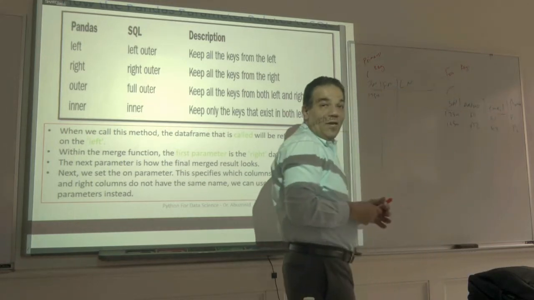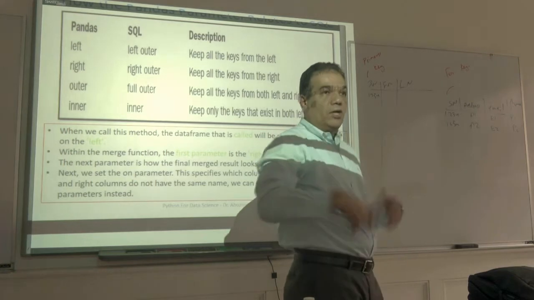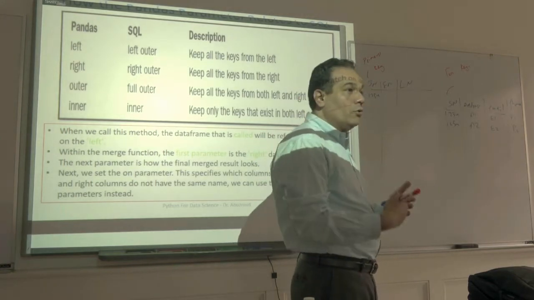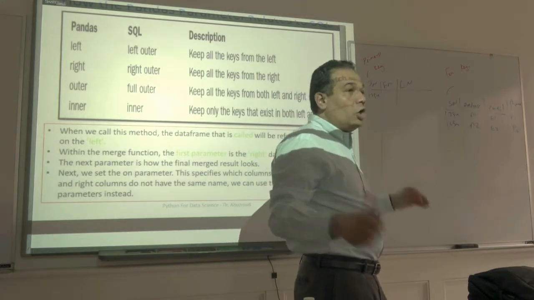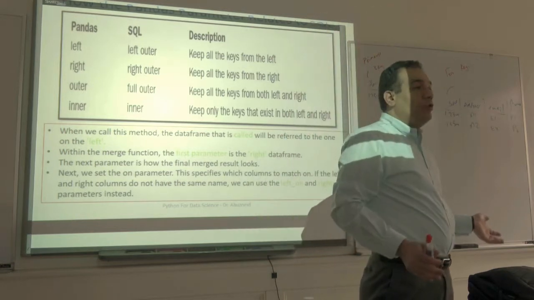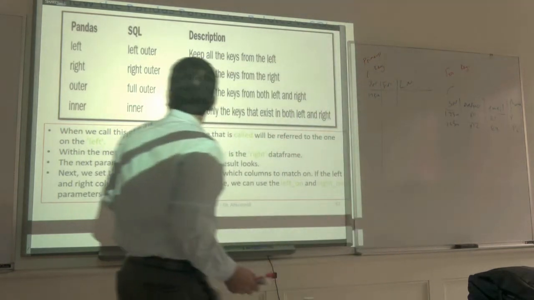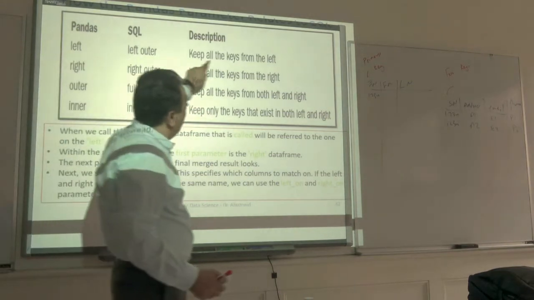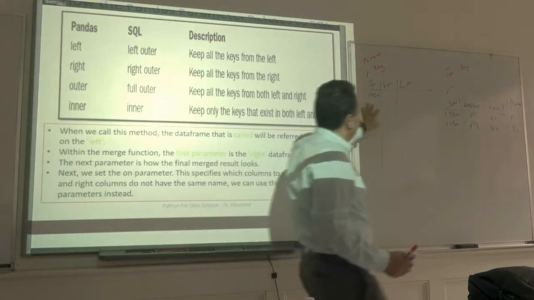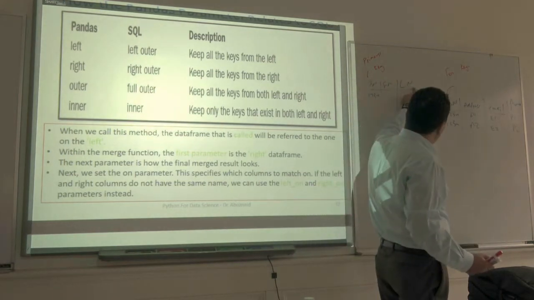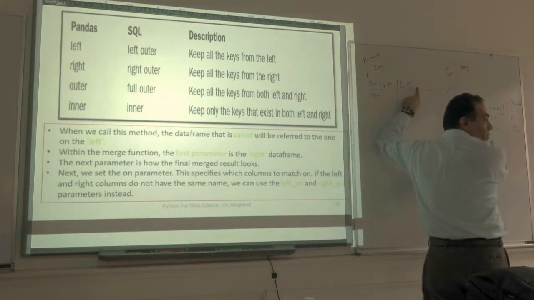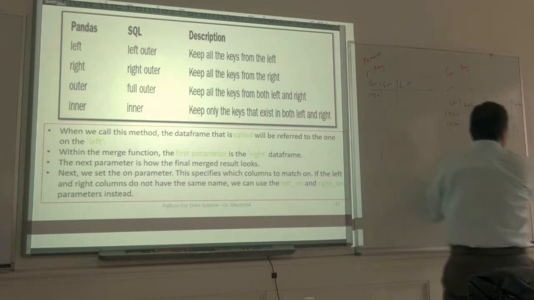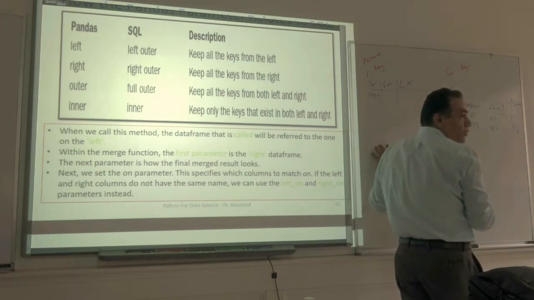And many times when I have multiple data frames, multiple tables, I have to join them. Generally speaking, what kinds of joins are there? It could be left: keep all the keys from the left. Or right: keep everything from the right.